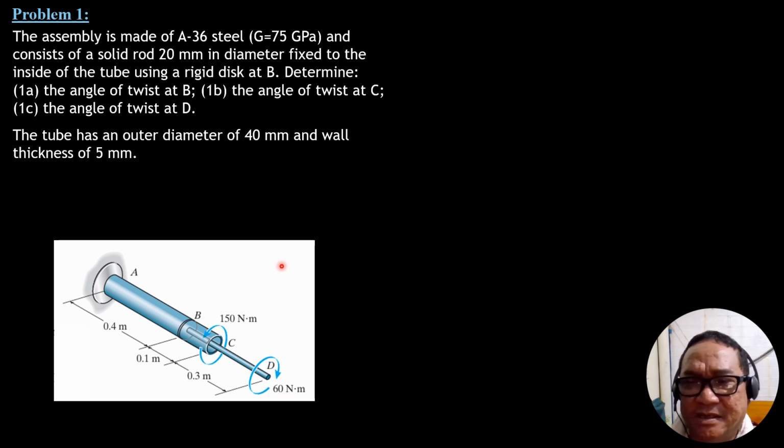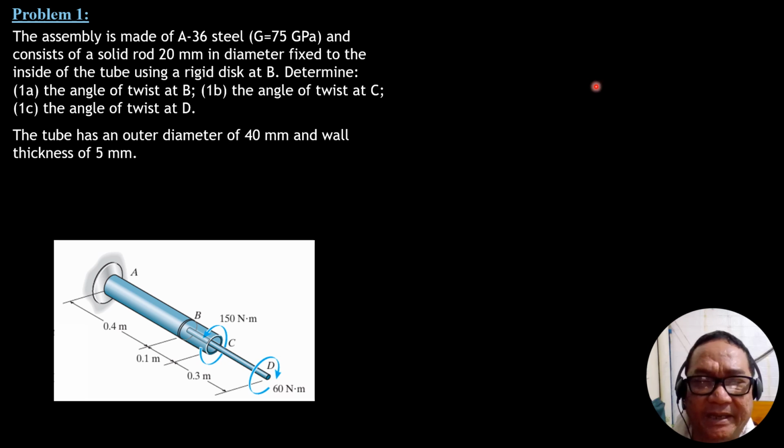So first, for the maximum stress in the hollow portion, the formula, remember, is tau max equals 16 torque times outer diameter all over GJ, where G is 75,000 megapascals to be consistent, and J is pi over 32 outer diameter to the fourth minus inner diameter to the fourth, or is also pi over 2 quantity outer radius to the fourth minus inner radius to the fourth.